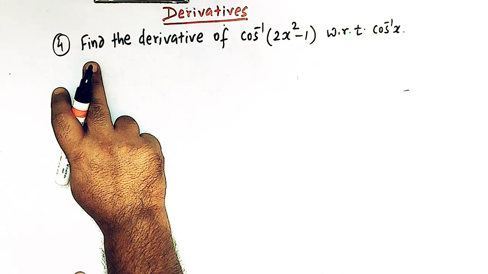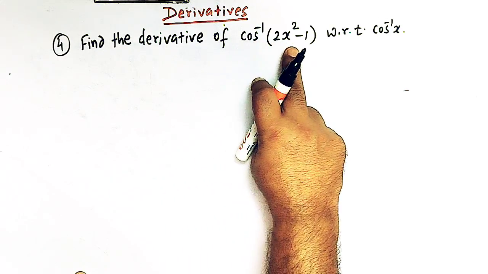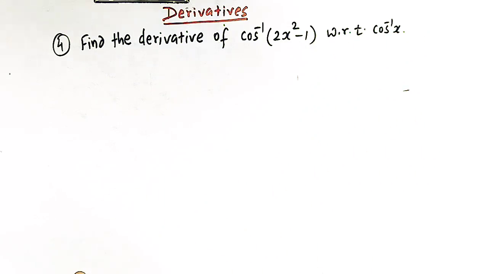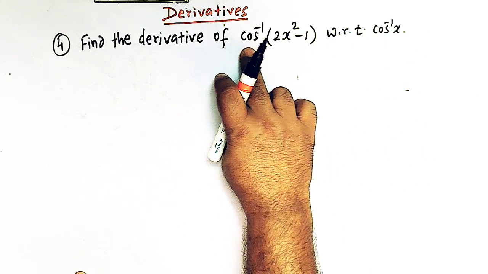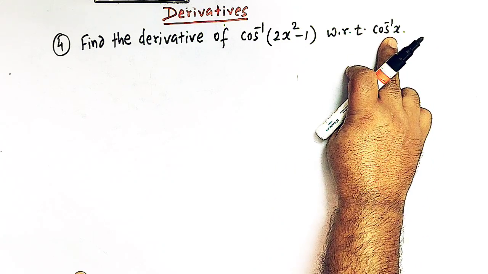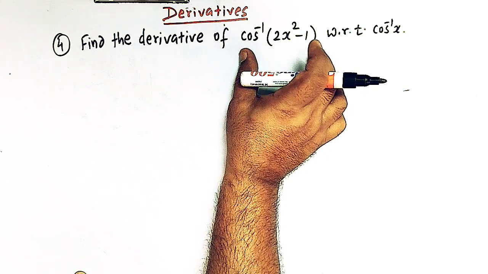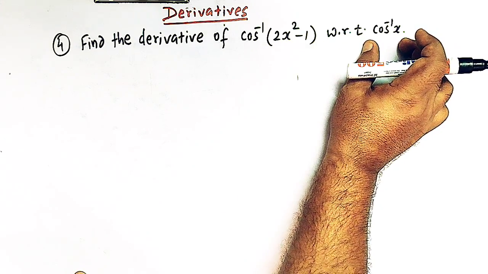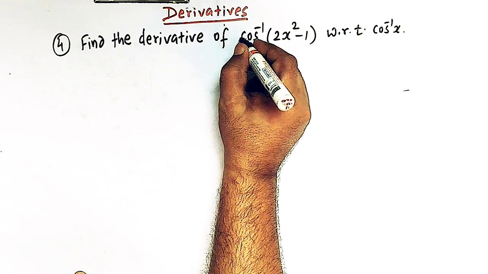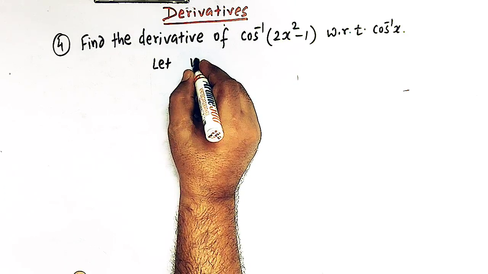So now consider this problem where we have to find the derivative of cos inverse of 2x square minus 1 with respect to cos inverse x. So here this is a function, and here we have also another function, right? So we have to find out the derivative of a function with respect to another function, right? So for this what we will do, we'll consider this function as, say, u.